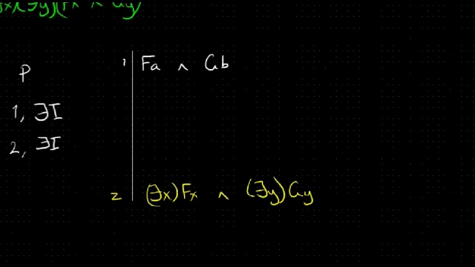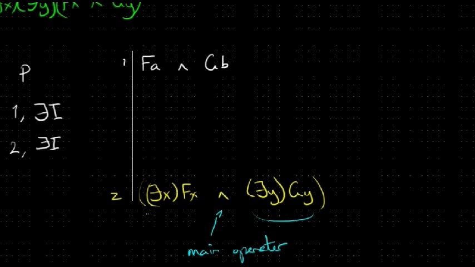Whereas here, each quantifier just has scope over the next formula, and the main operator of this formula is the conjunction, right? That's our main operator. And it links these two smaller formulas, EXFX and EYGY. So we need to think about how we're going to construct that.